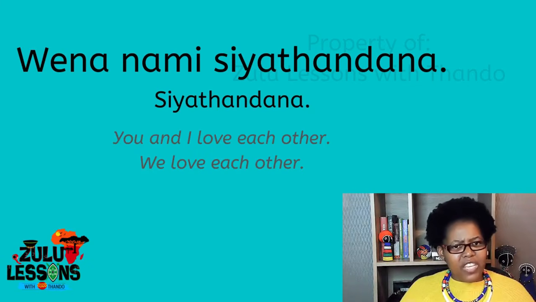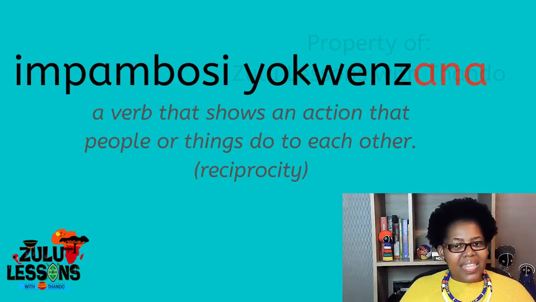We love each other. So that is impambosi yokwenzana. Isijobelelo, the extension we added is ana, which changes our verb and the meaning of the verb.